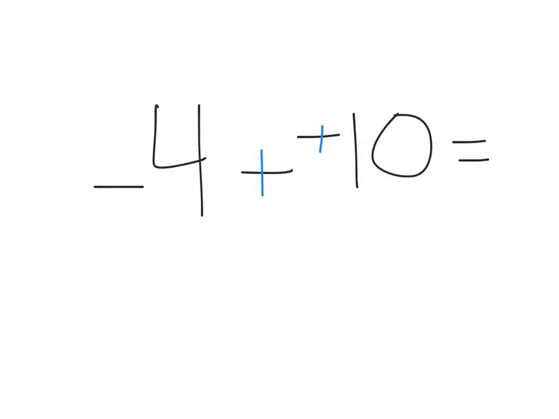Now that it's an addition problem, I need to look at it as an addition problem. Looking at my two integers, I do have opposite signs, negative plus positive, so I'm going to again take the difference between those two values to get 6. And because my larger value was 10, it was positive, so is my 6. So there we go with that subtraction.